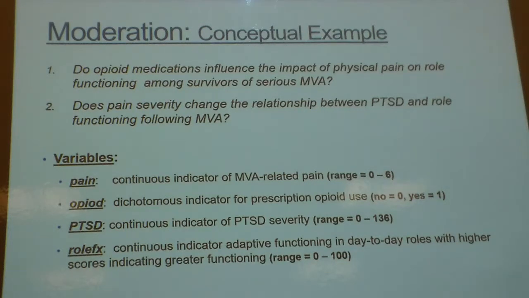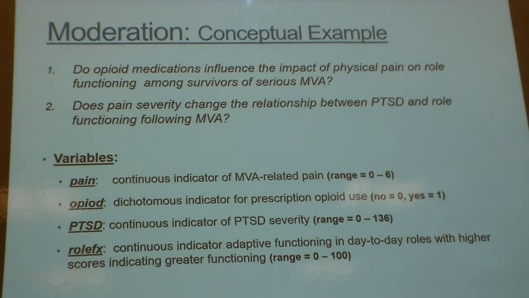Because if I'm taking medications, that's making me feel better. My levels of pain might be high, right? But I would expect a weaker relation between pain and functioning if the medications are working. If I'm not taking medications, my pain increases, my functioning decreases, right? I've got a stronger relation there than I would if I'm taking medications. Those medications are doing what they're supposed to, right?